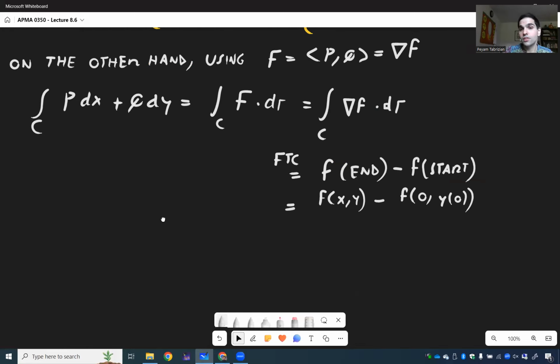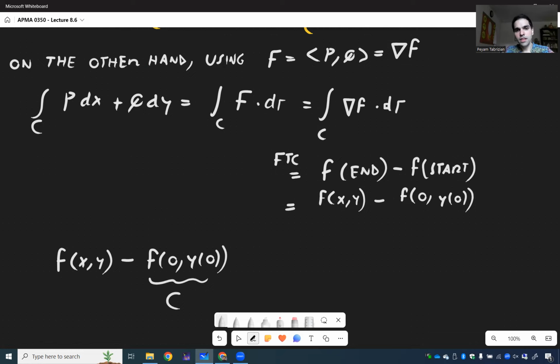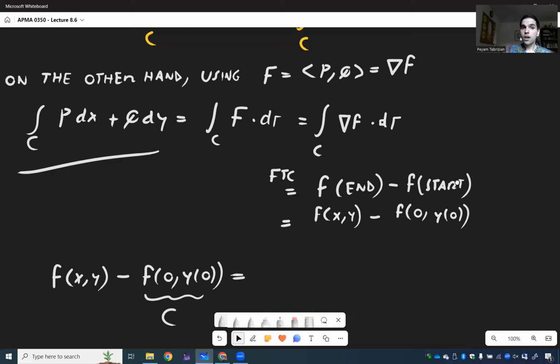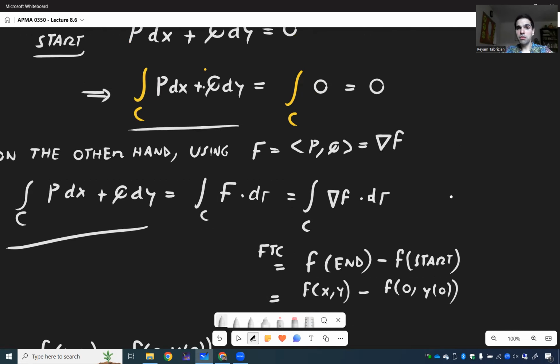And essentially just one more line. This quantity f of (x, y) minus f of (0, y of 0), which is really a constant, let's call it c, equals this line integral, which we know is 0, sort of like following back.